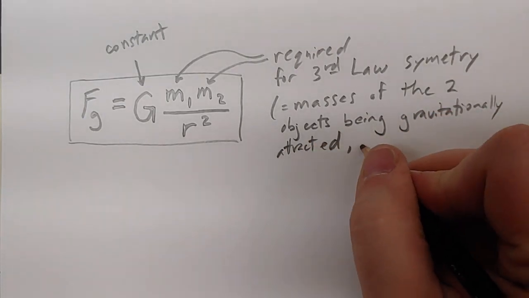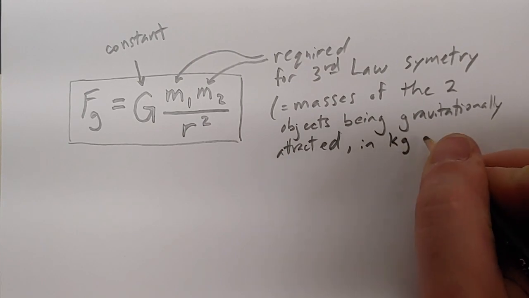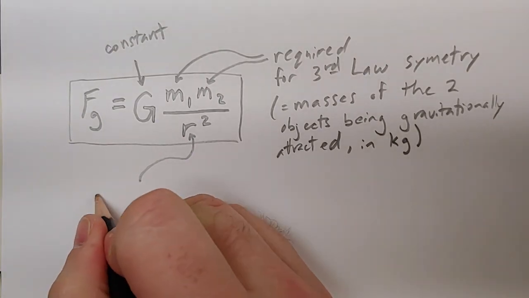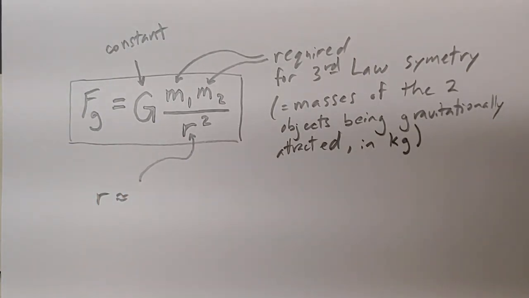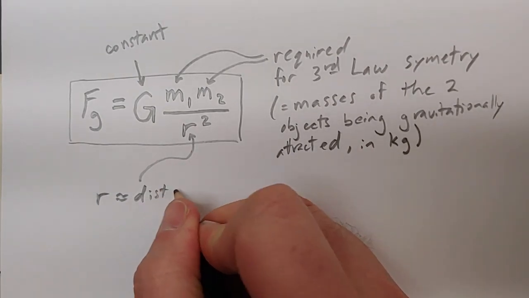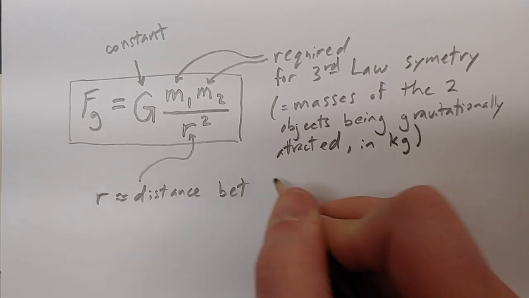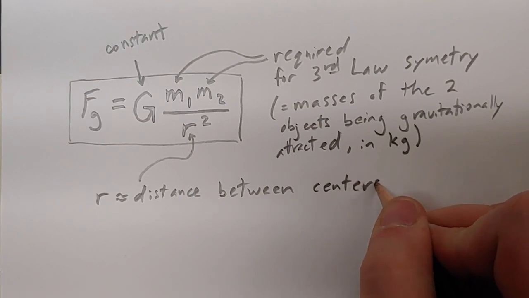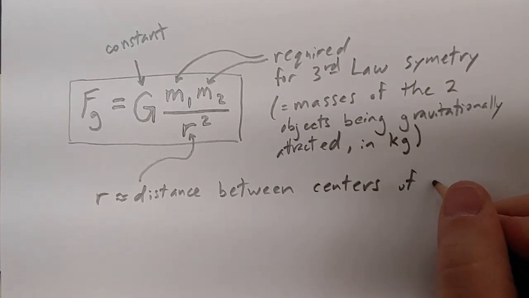And that should be in kilograms, because that is our standard unit for mass. And then R is, we'll talk more about exactly when this applies, but if you're dealing with spherical planetary things, it's roughly the distance between the centers of M1 and M2, and we'll talk about when it is and isn't exactly that later.